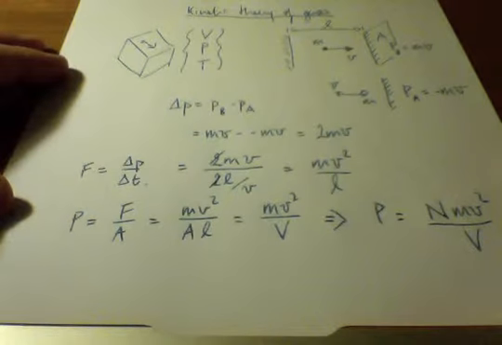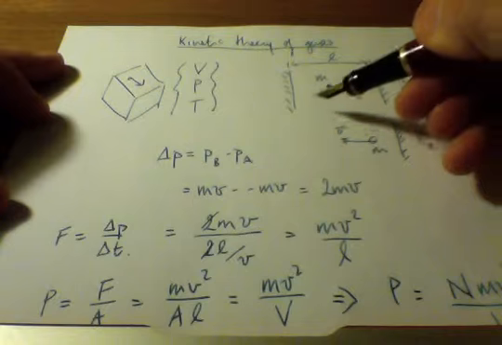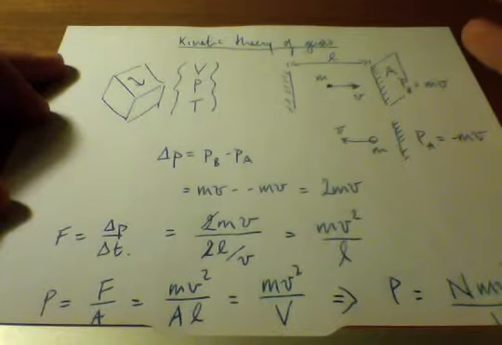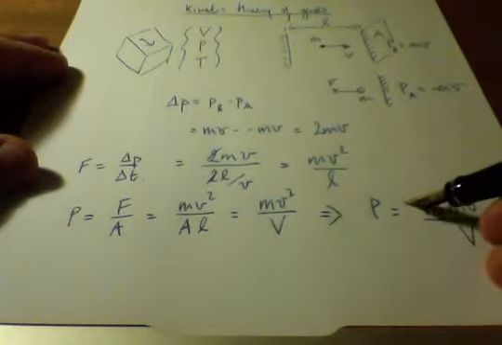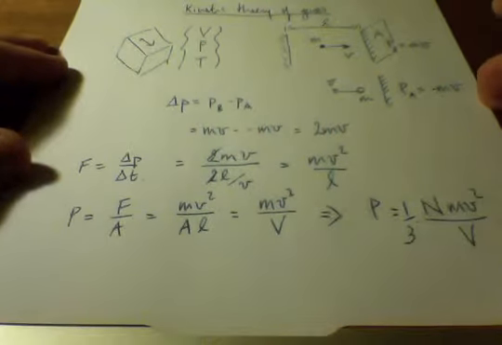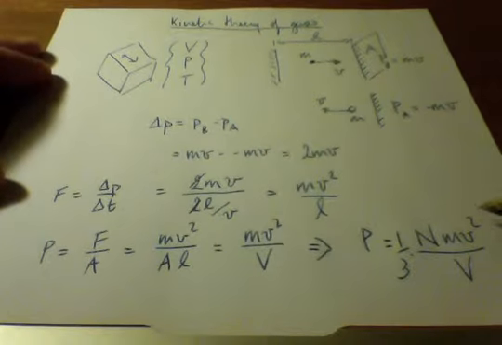And also, we need to assume that this is not just moving in one plane back and forth. There are three planes, and with enough particles statistically, a third will be moving in each plane.